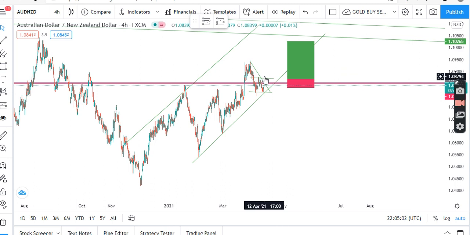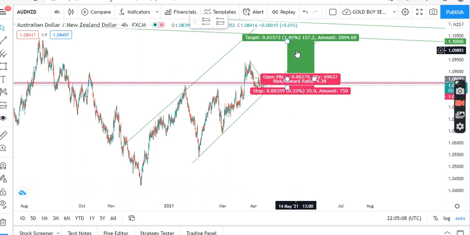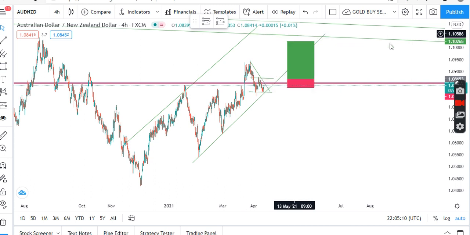When price breaks through this trend line, going to the upside, we put our stop loss there. Our target is there. We take a profit before this resistance, because you know that there's resistance at the top here. So we want to take a profit before price reaches there.